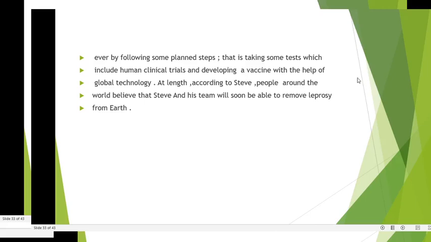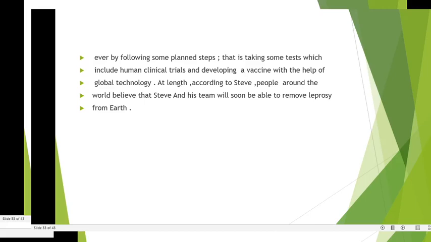Okay. From this summary, we come to know about leprosy: the number of people actually who were affected by leprosy, how the people were treated, who came forward to remove leprosy, how they remove leprosy, and how many children were affected by these people.